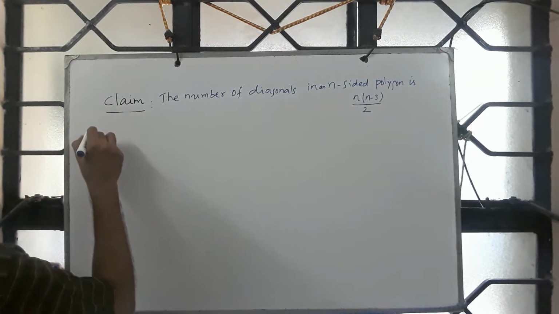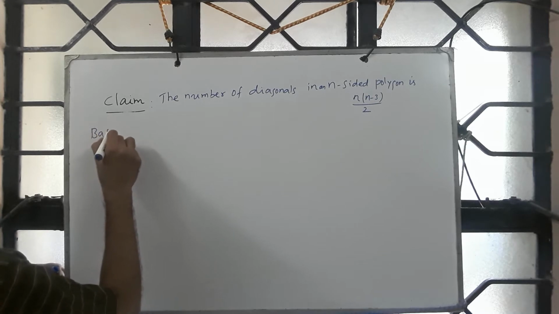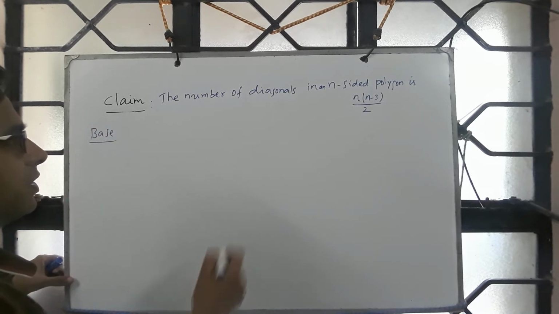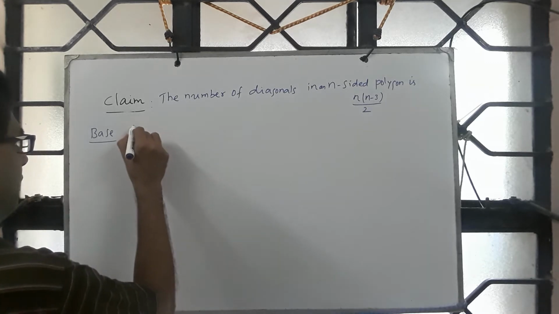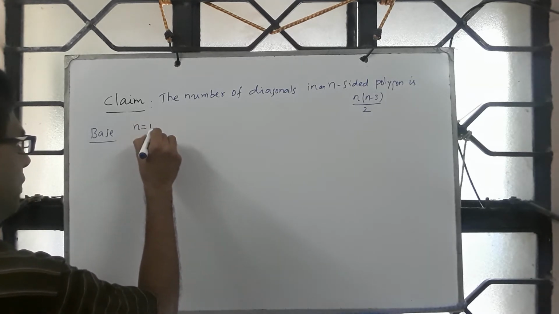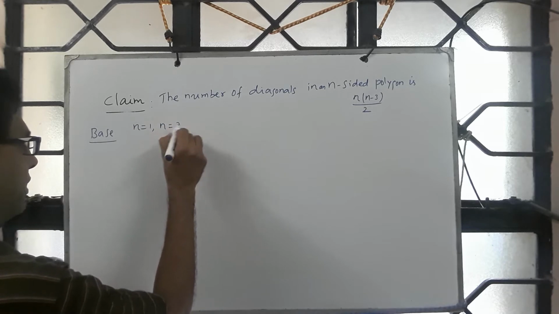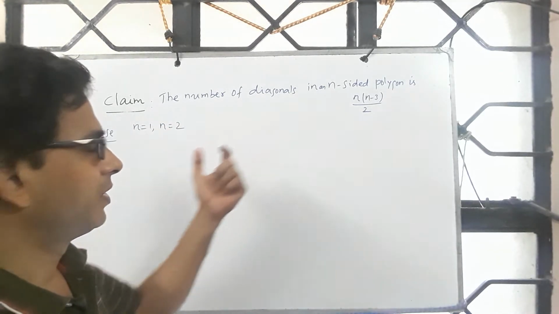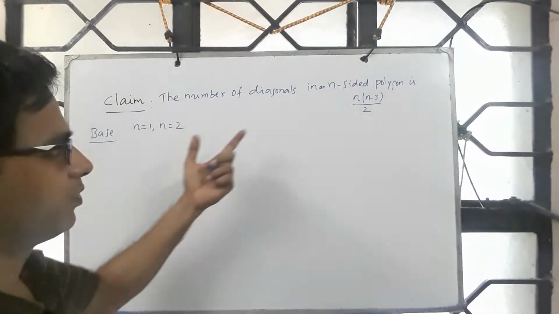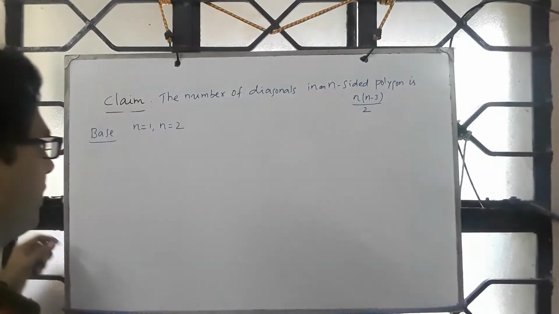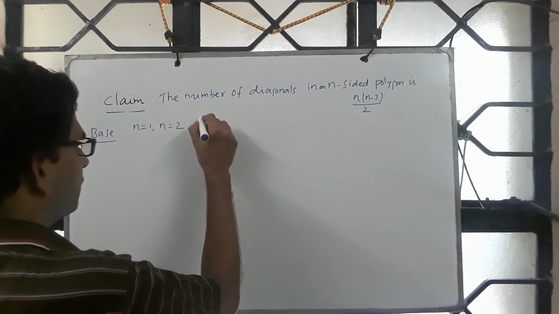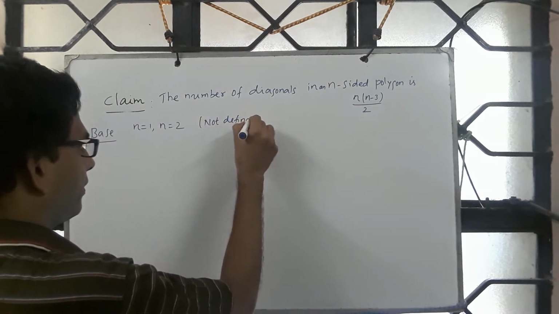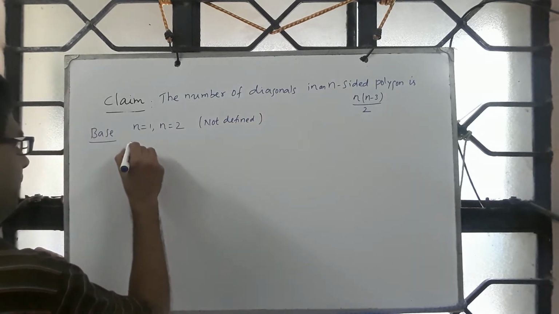As always, let's verify for some base values before we attempt a proof. So n-sided polygon, n equal to 1 and n equal to 2 are not defined. It is not appropriate to talk about a one-sided polygon, two-sided polygon, and so on. So we need at least 3.